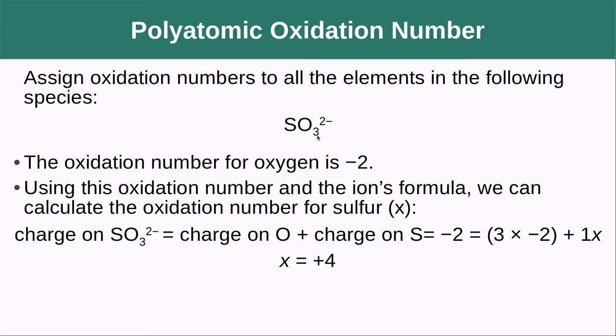So 3 times -2 is going to be -6. To give the overall molecule its charge of -2, we need to balance out the -6 from the oxygens, which means that we need sulfur here to be in a +4 state. -6 plus 4 gives us the overall charge of -2.